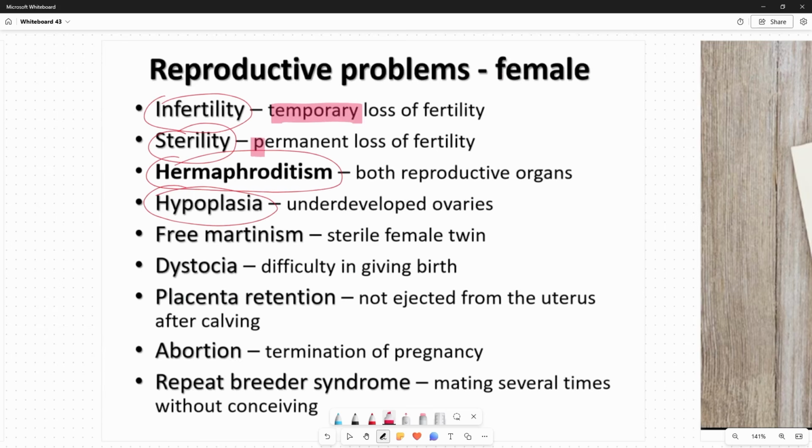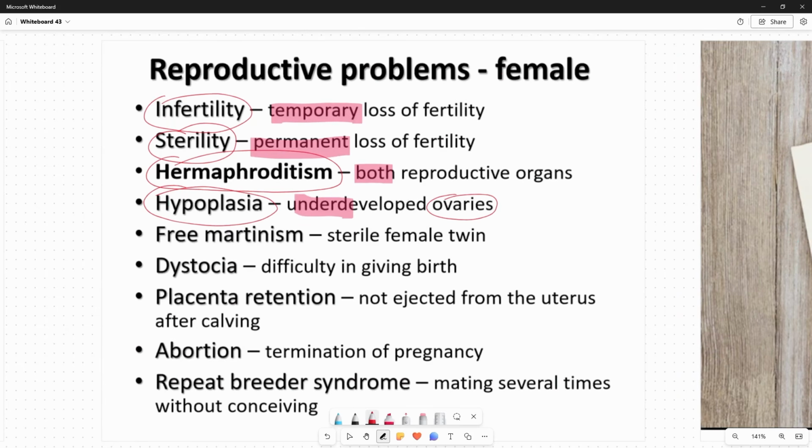Sterility can be a permanent loss, as well as hermaphroditism. It can have both reproductive organs, or hypoplasia, underdevelopment now of organs. So hypoplasia in the male is underdevelopment of testes, but hypoplasia in the female, underdevelopment of ovaries, because the female organs now, it's the ovaries, not the testes.